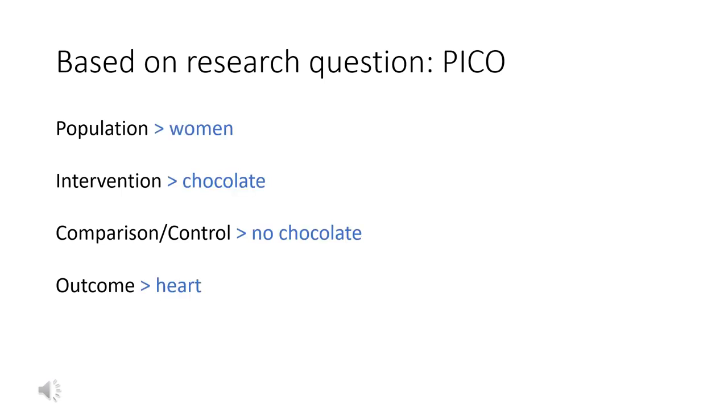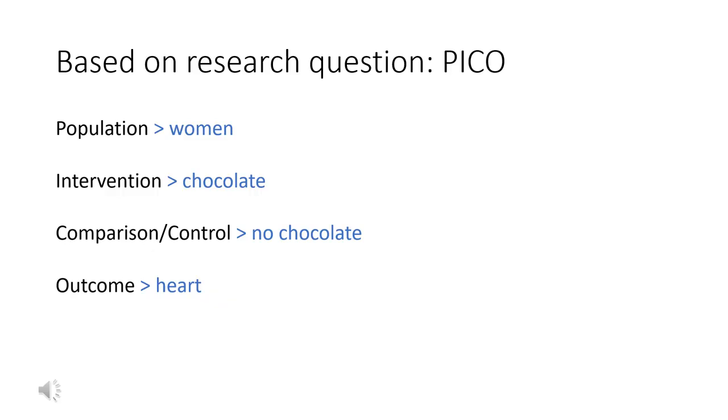So we will fill out the PICO framework for this research question. First of all, what is the population? Well, in this case, I am a woman, so women. What is my intervention? It is chocolate, because my question is: is chocolate healthy if I eat it every day?